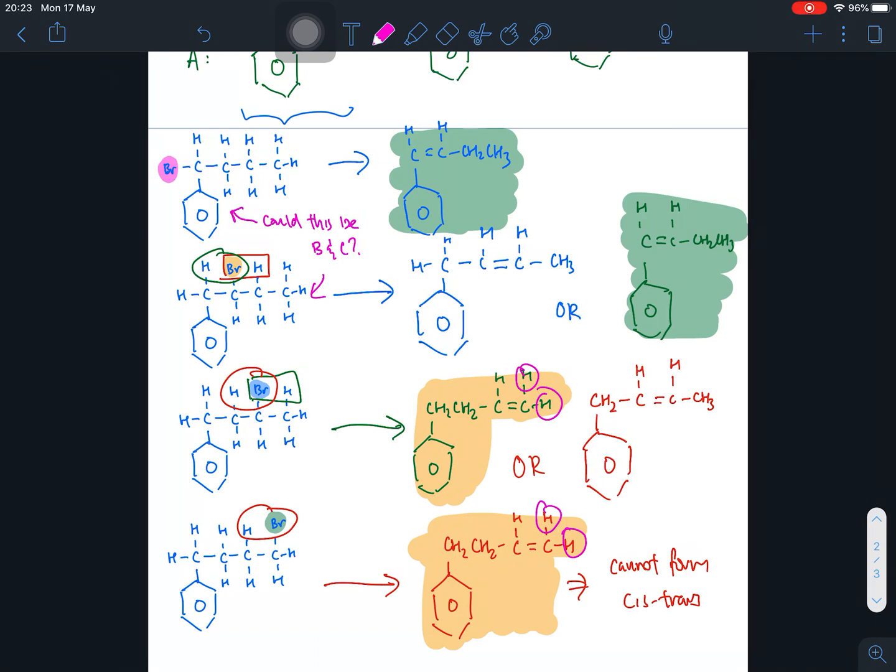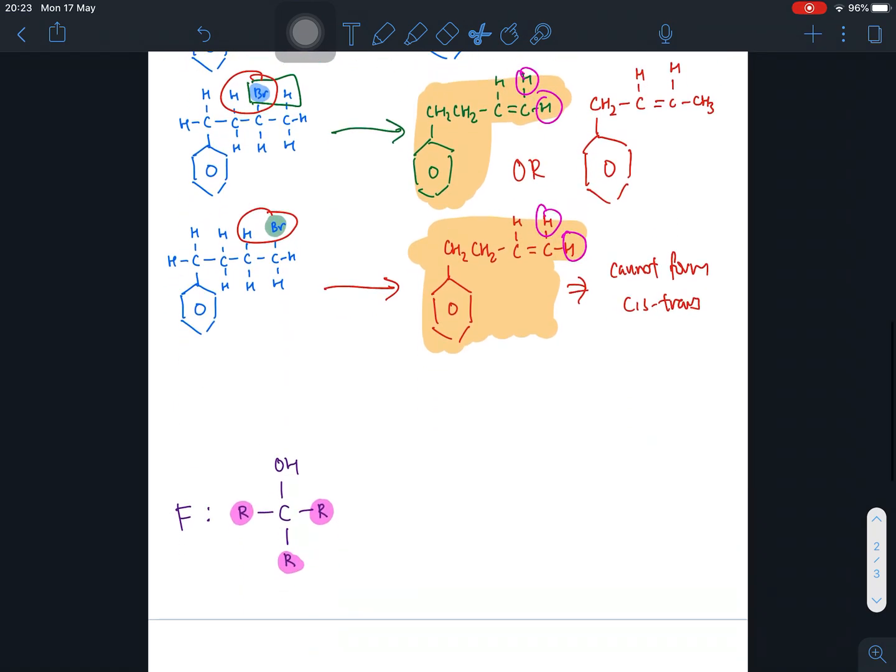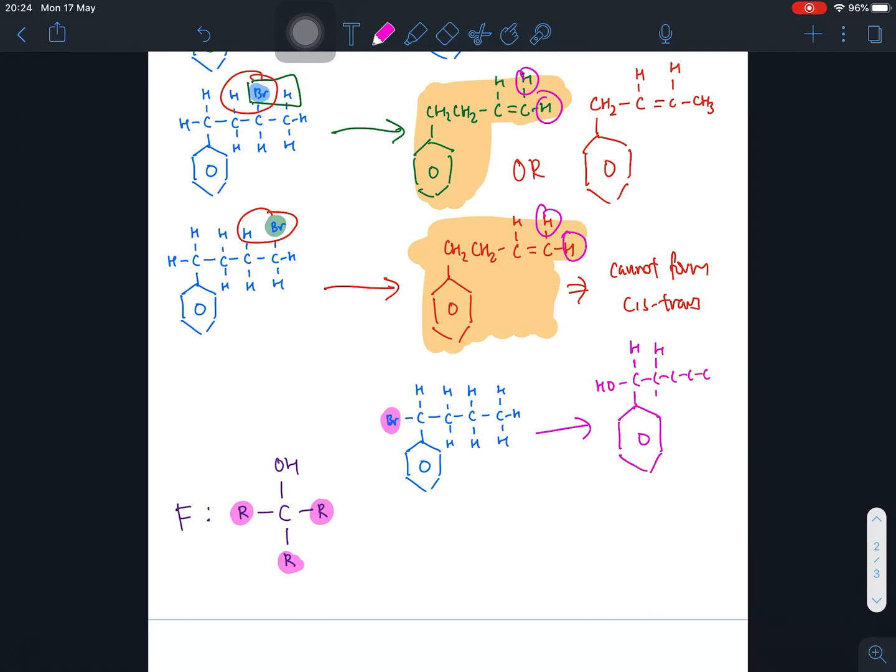tertiary alcohol, which in this case you realize that that is when this postulation of this series of thinking failed at the last point, because if I were to copy this over, okay, if this were to be B, I would realize that when it reacts with NaOH aqueous, it did not form a tertiary alcohol, but instead this is a secondary alcohol.